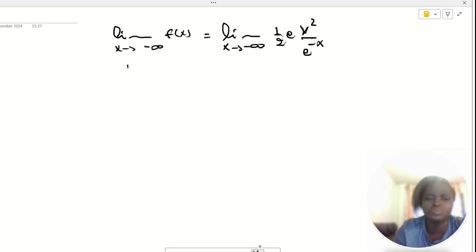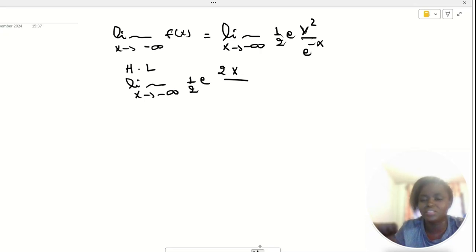If we use the hospital rule, we will get the limit when x tends to minus infinity of 1 over 2 e. Then if we differentiate, the numerator will be 2x, over the derivative of the denominator, which will be minus e power minus x.